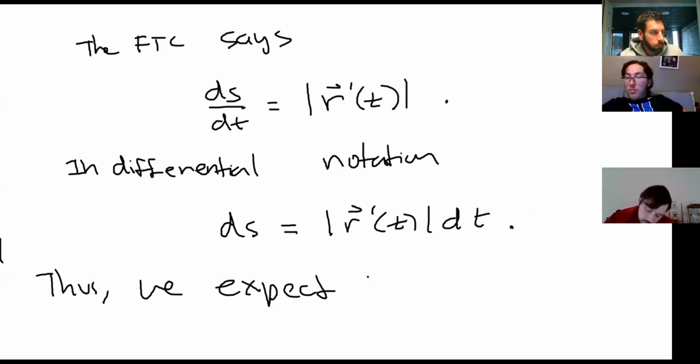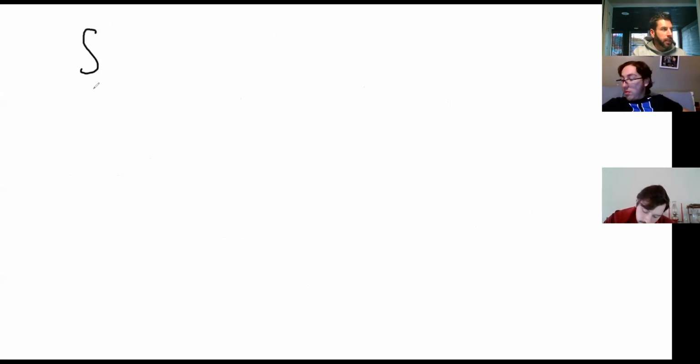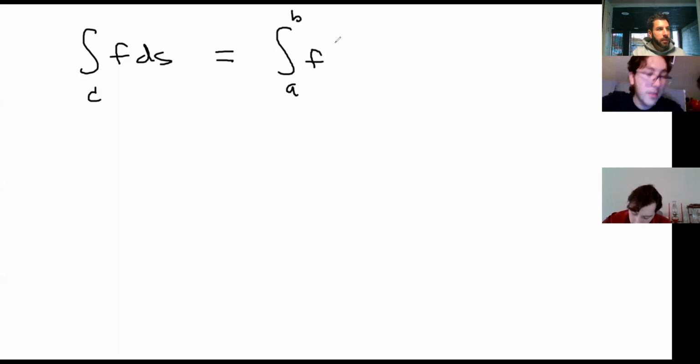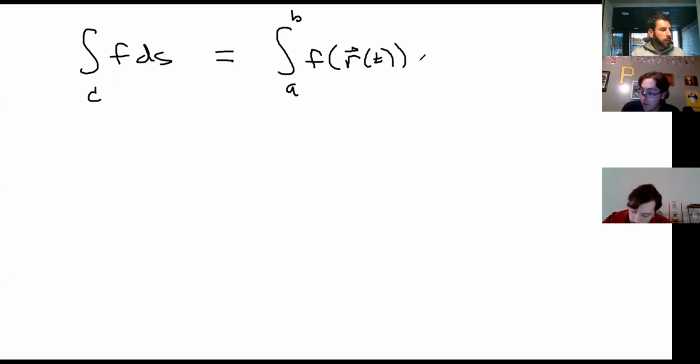Well, we expect the line integral over C of f ds to be equal to the integral from a to b of f evaluated at r of t times ds. But what's ds? We just told you what ds is. ds is the length of r prime of t dt.